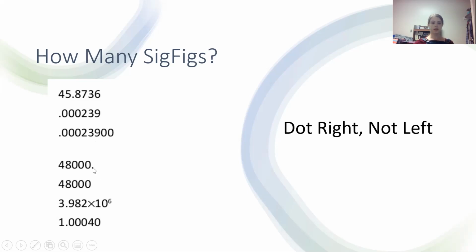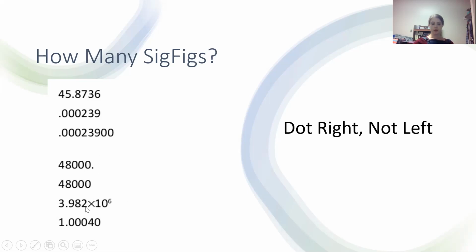This one, there's also a dot, so we'll start at the right, then we count from here, 1, 2, 3, 4, 5, 5 significant digits. If this decimal wasn't here, like it isn't in this one, we do not count these zeros as significant. They're only significant because of the decimal.